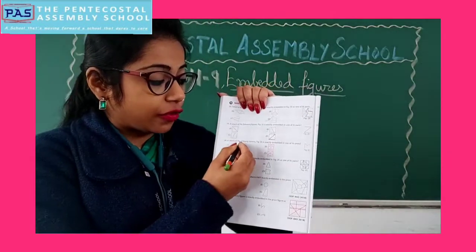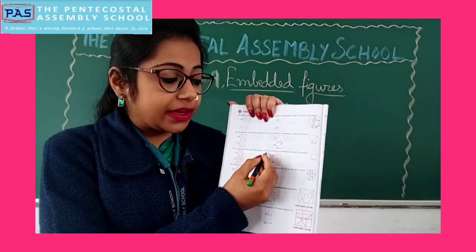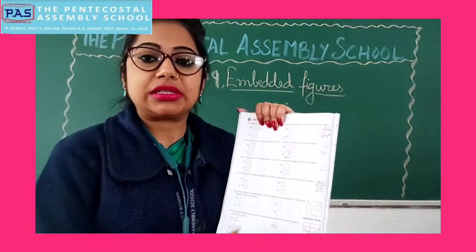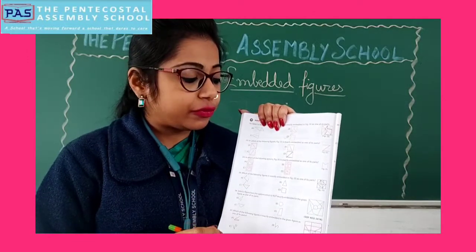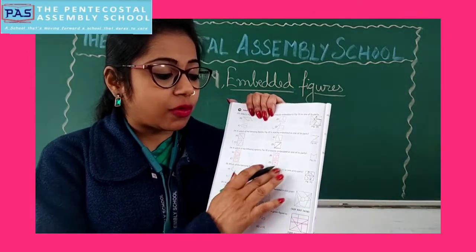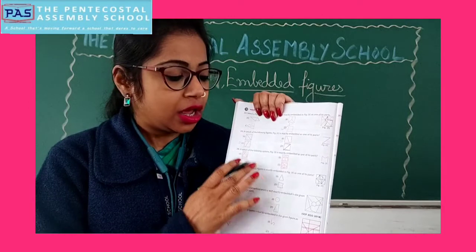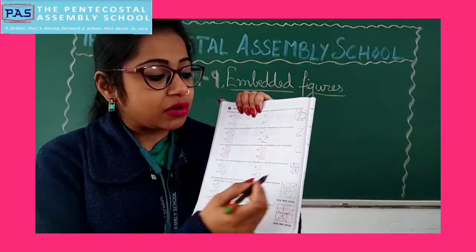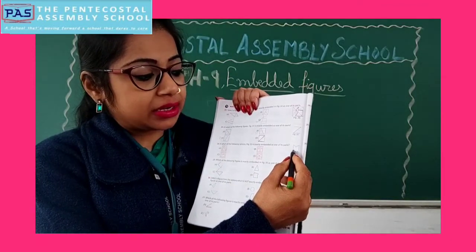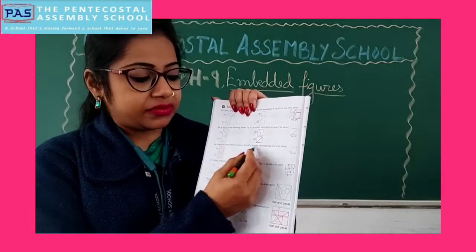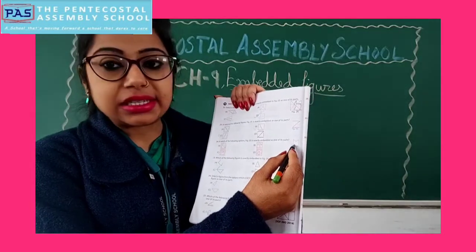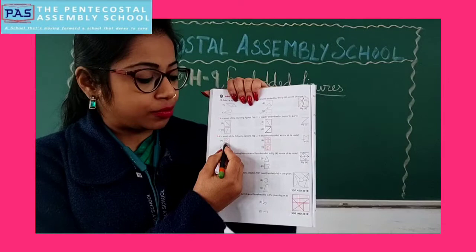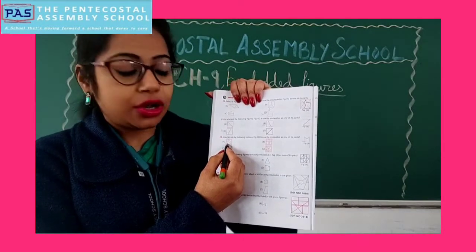Next, in which of the following options is figure X exactly embedded as one of its parts? You have to observe all the figures given in these four options and find this part inside these figures. You can see that this is an M. Can you find an M inside figure A?